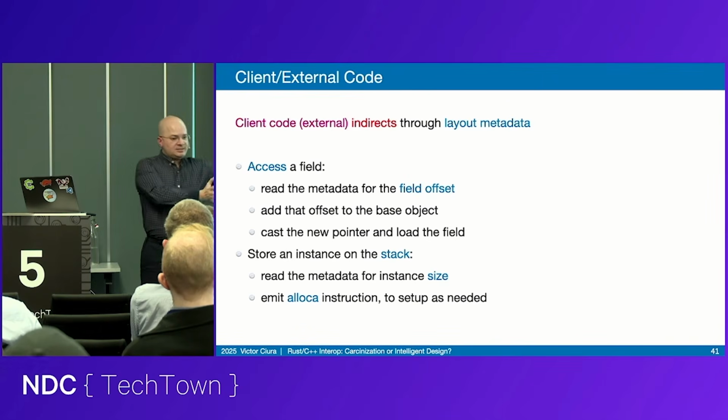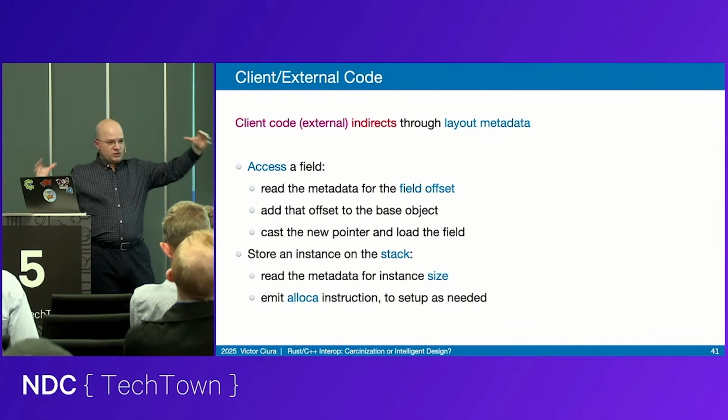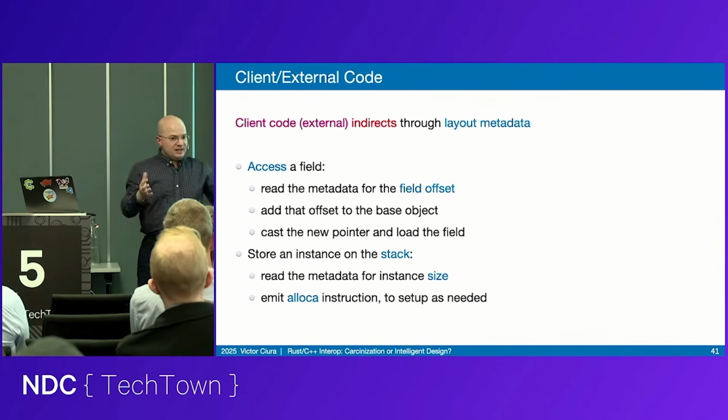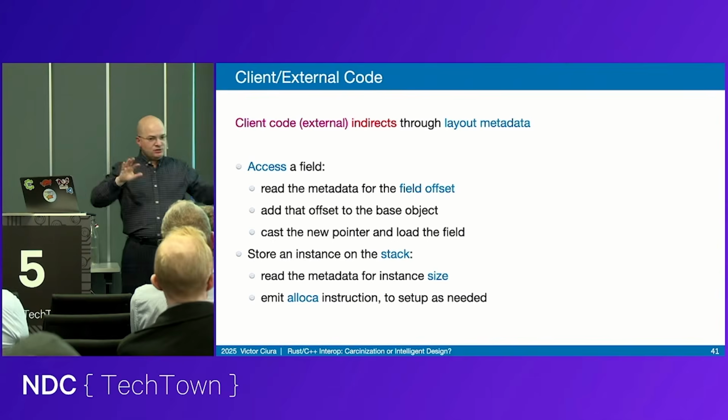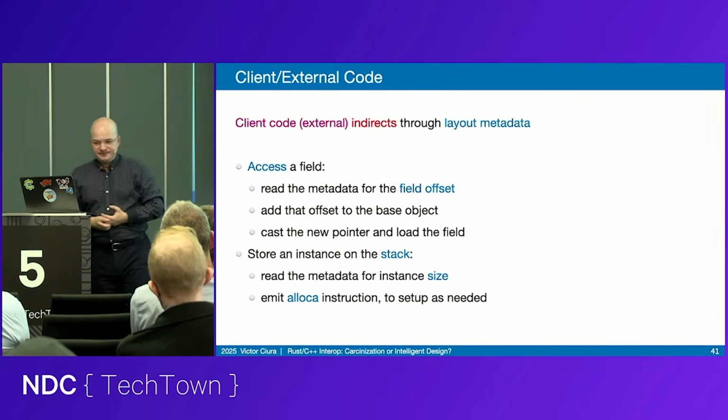Again, on the client side, everything inside the client is compiled together, right? So I don't want to pay for any indirections in that bubble either. But wherever there's a cross between the two parts of the system, then I need this resilience, because I don't know if the client and library will be necessarily compiled together or not, right?